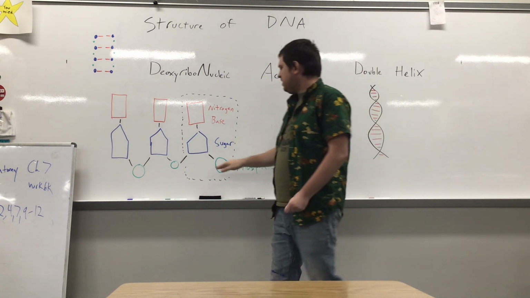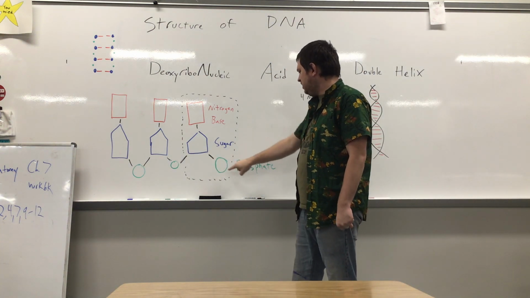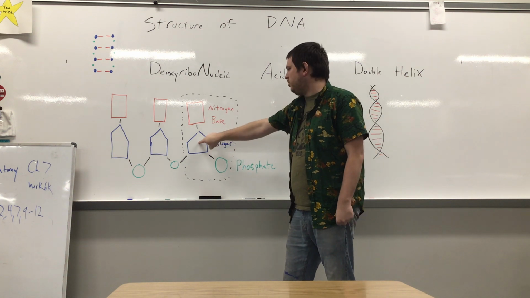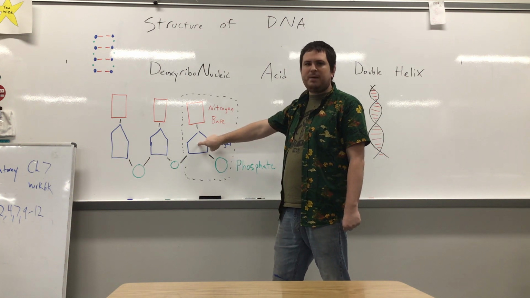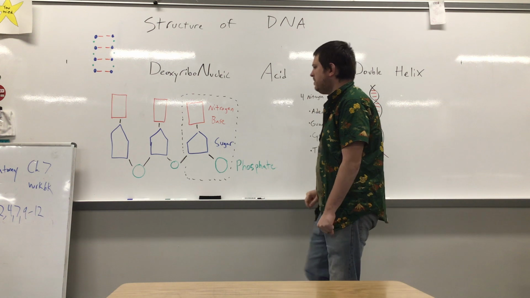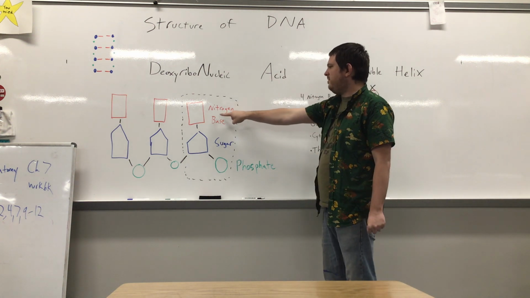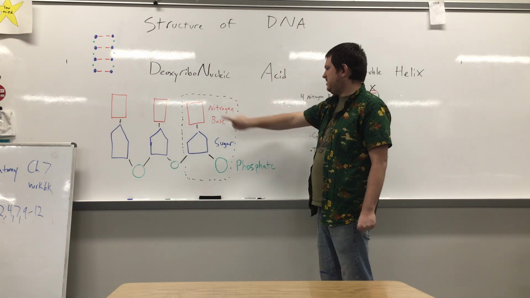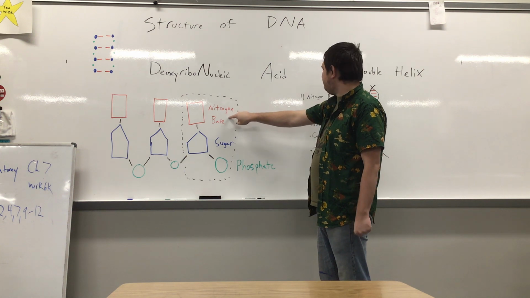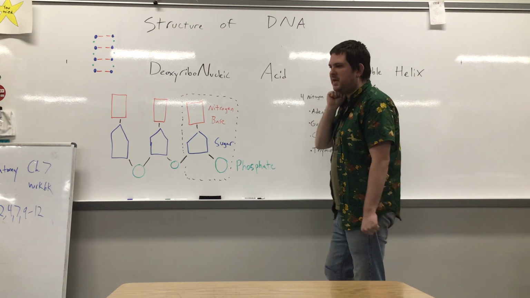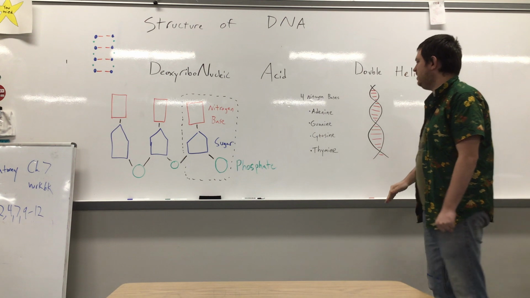Now, with these nucleotides, you have the phosphate group and the sugar. That forms the backbone of the DNA molecule. You also have your nitrogen base. And there are 4 different nitrogen bases that you can have in DNA.